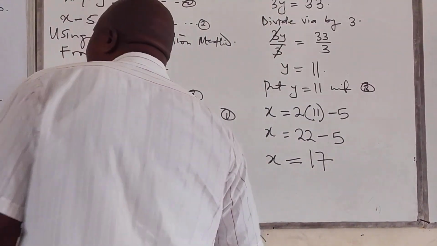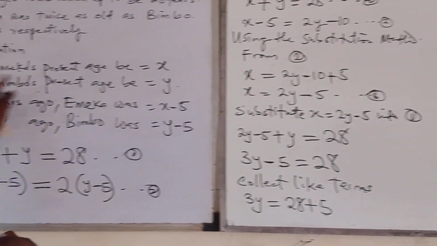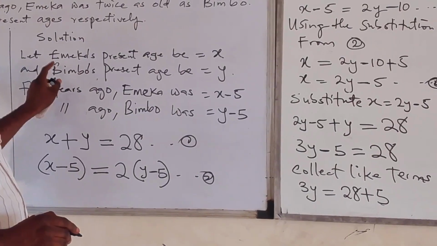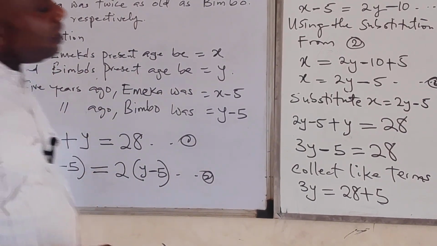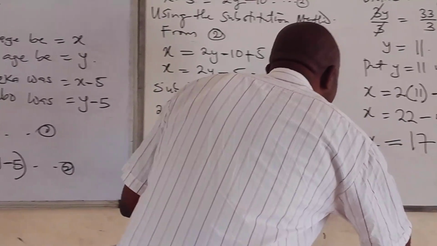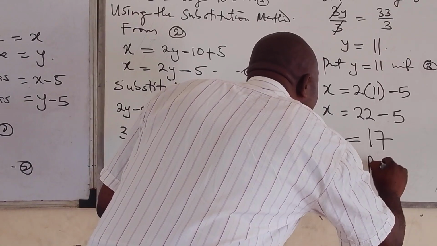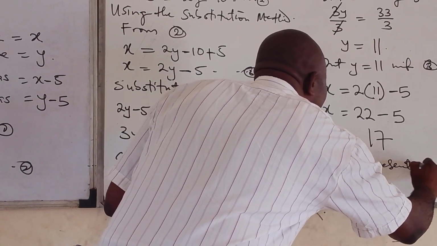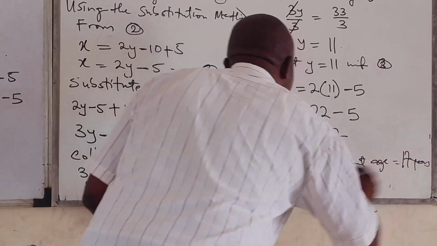Yes. But remember here we said let x represent the present age of Emeka, and y the present age of Bimbo. So it means x, Emeka's present age, is equal to 17 years. Yes.